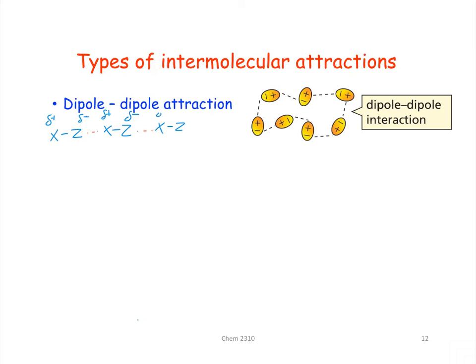Okay, so this is always partial pluses and partial minuses being attracted to one another. All right, and this is going to include all of those atoms except for hydrogen. Hydrogen is a special case, and we're going to look at that on the next slide.